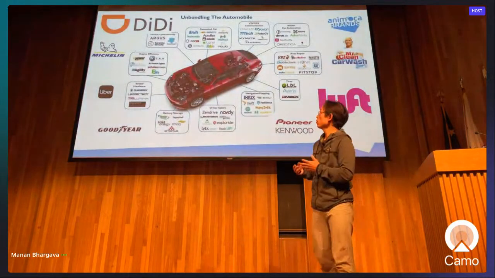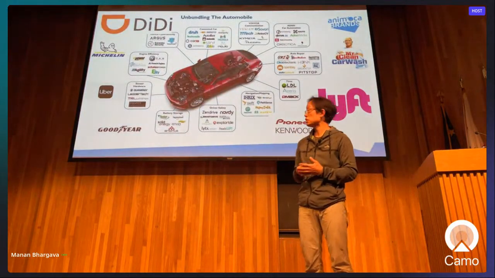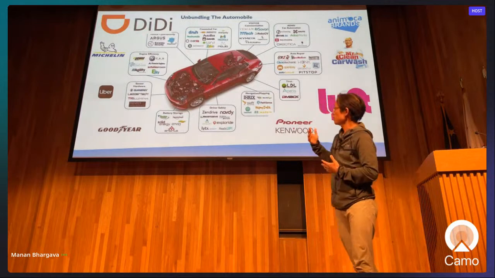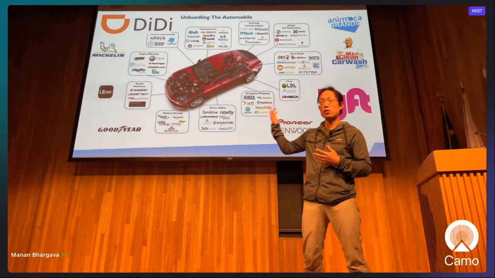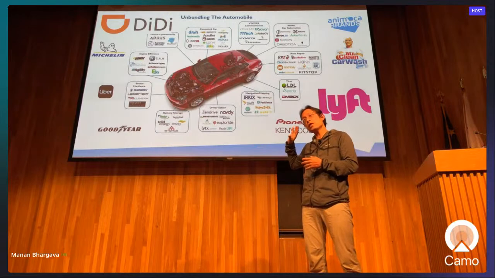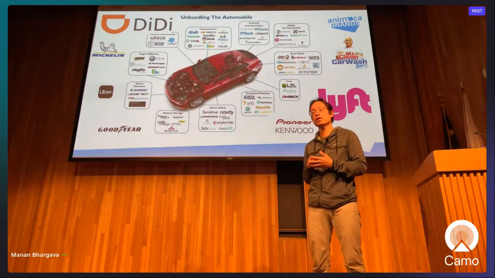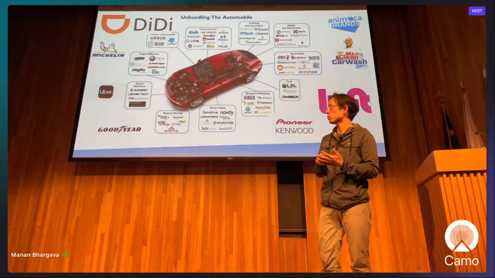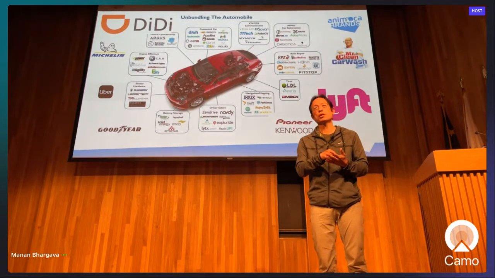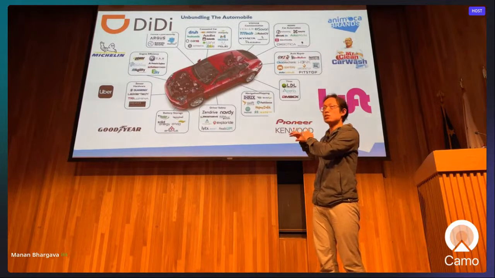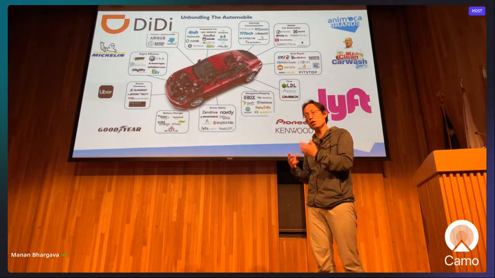If you think about things like Uber, Didi, Grab, Lyft, car wash companies, tire companies, car accessorization companies, each of these actually represents an industry far, far greater than the sale of the car itself. Not by 10 or 20%, but literally by 30 or 50 times. The amount of jobs that exist because the car exists is far greater.